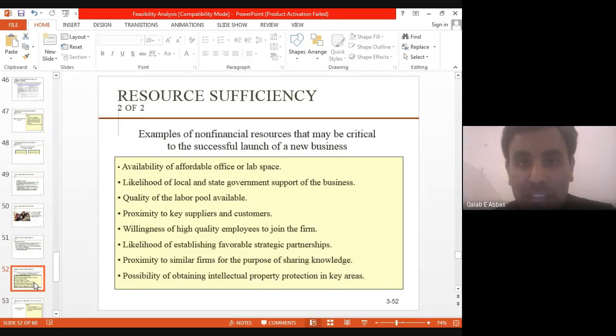The financial value of this particular resource is beyond the financial value that you are actually spending to get these non-financial resources. So non-financial resources, many times organizations value them much higher than even financial resources.